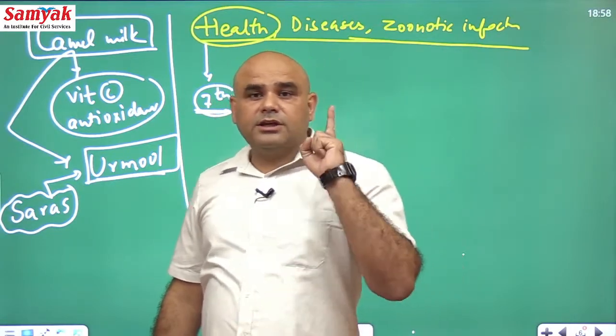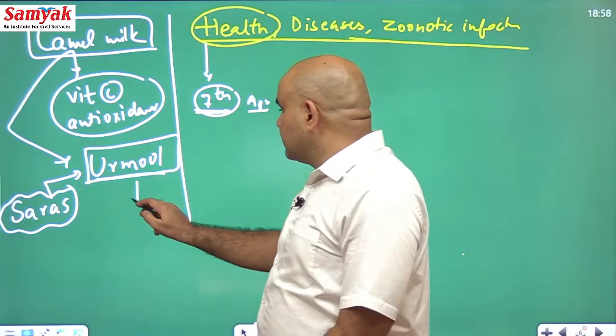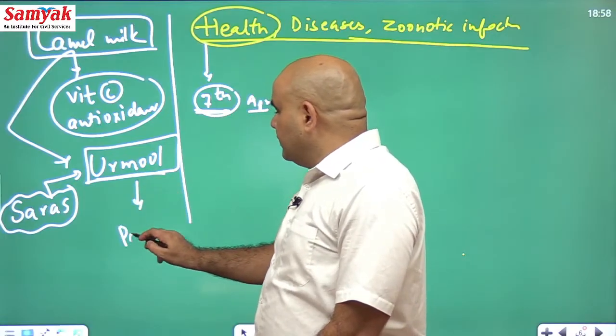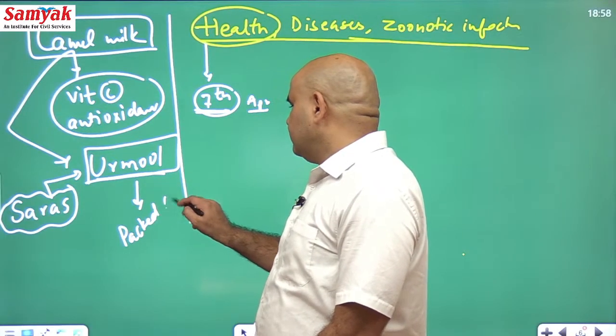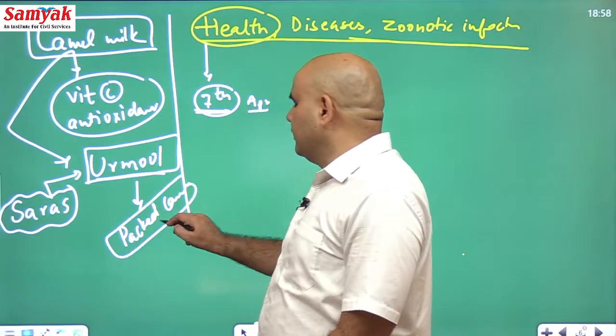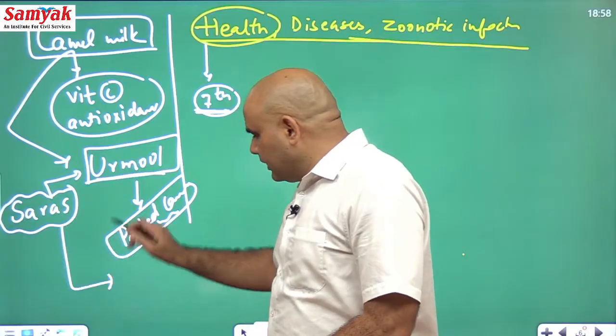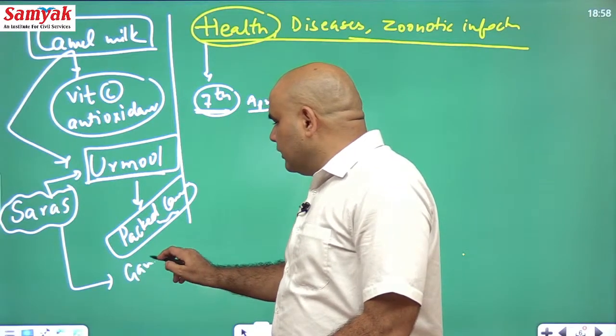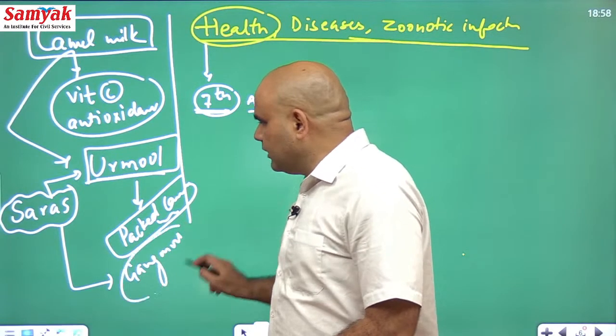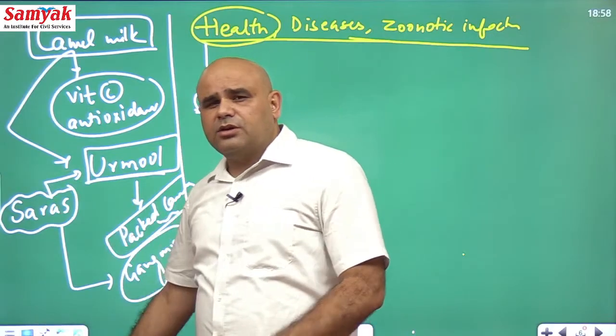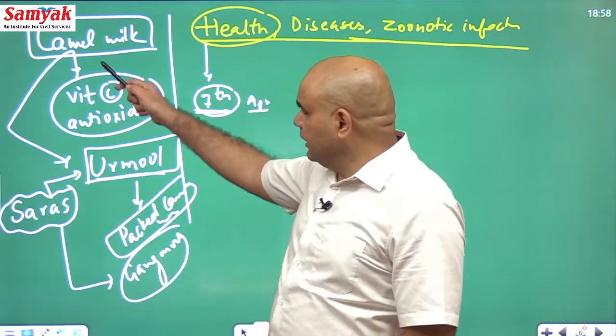It was the first dairy of the world which sold packed camel milk. Packed and processed camel milk by Urmul Dairy. In the same way, the dairy of the Ganganagar region is named Gangmul. So that's how the Saras Cooperative Federation or Saras Cooperative Dairy is named.